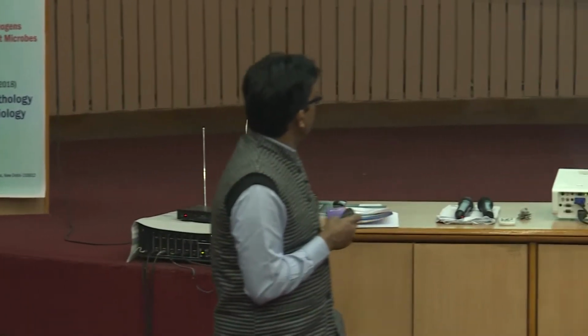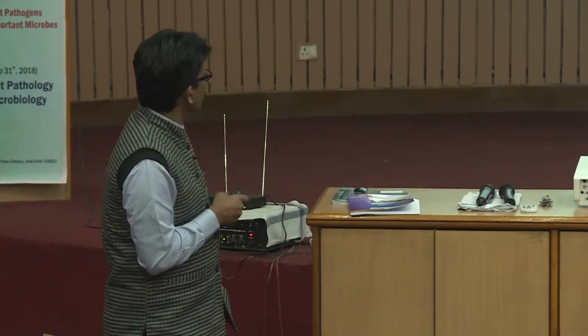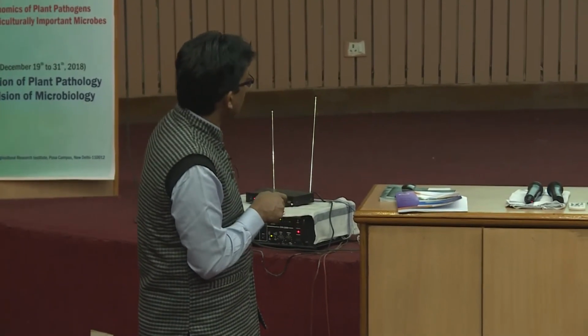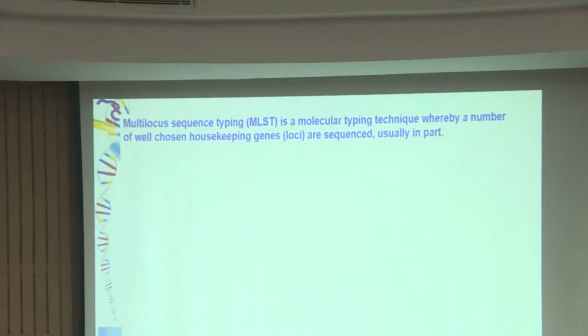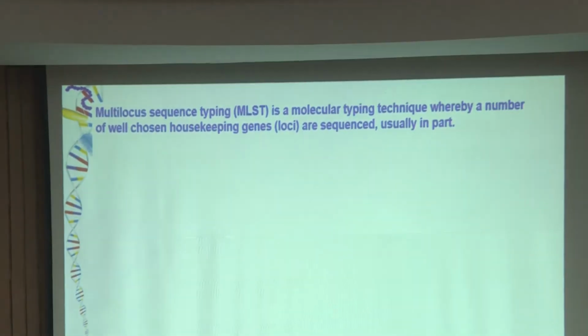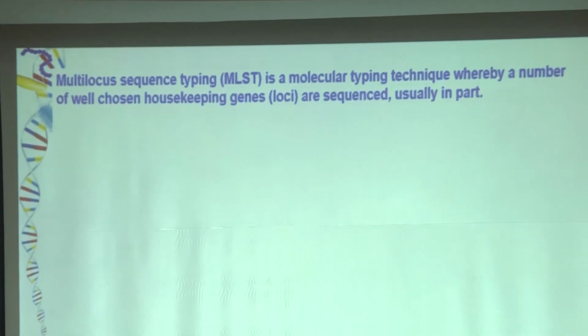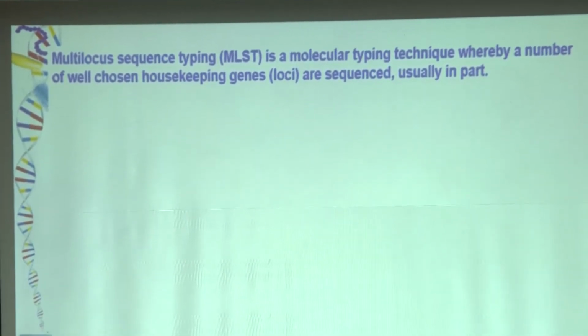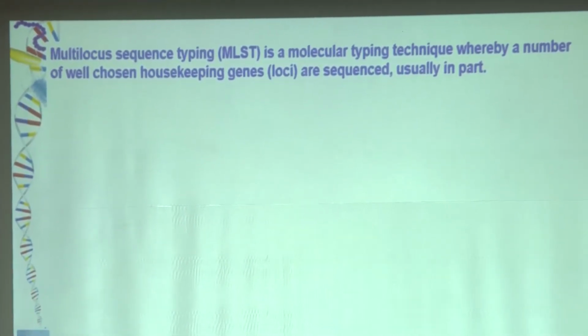Multi-locus sequence typing is a molecular typing technique whereby a number of well-chosen housekeeping genes are sequenced, usually in part. Meaning, we do not sequence the entire gene, rather we are sequencing only partial gene. Suppose the gene length is around 2 kb.